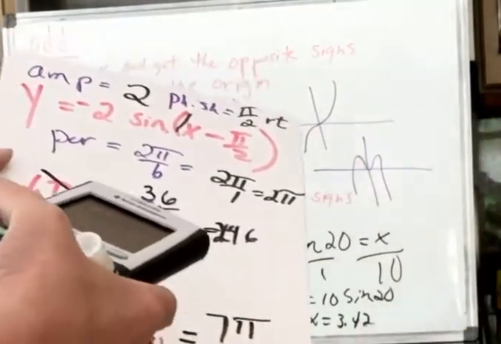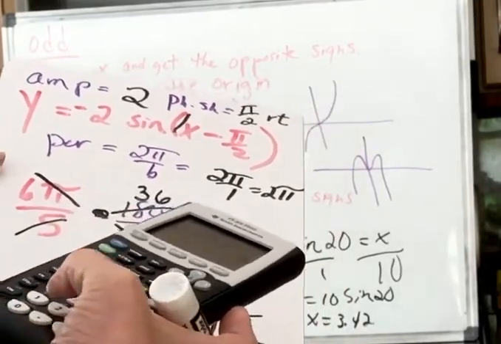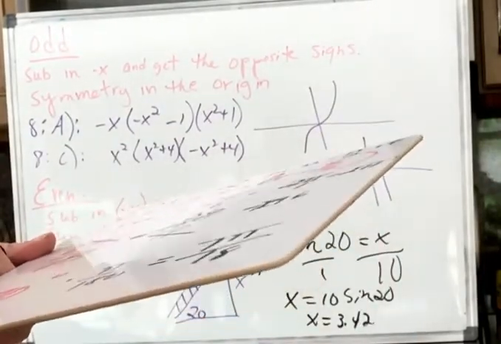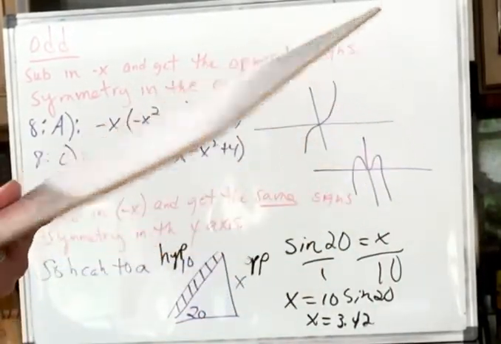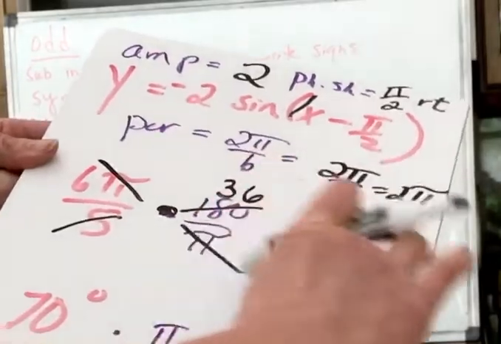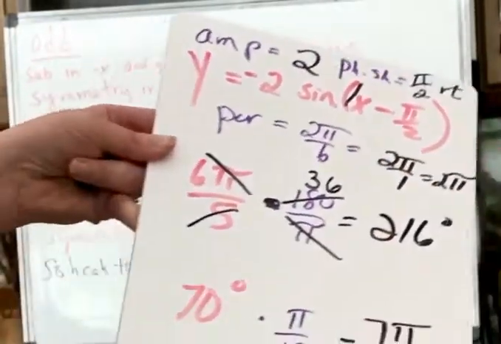Okay, we could have also done our last problem using the graphing calculator, and that would have been 6 times 180 divided by 5, and that's 216. Oops. So I made a multiplying error: 216 degrees. Okay, we're good?